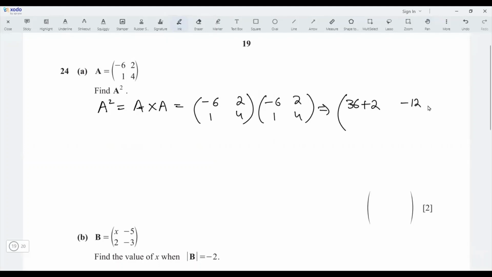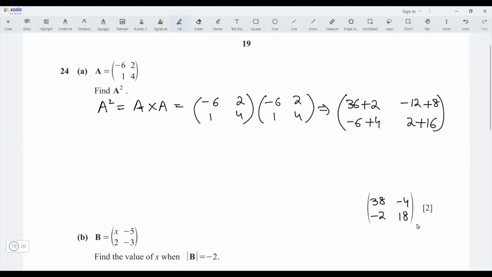Similarly, 2 times 4 will be positive 8. What about the next term? 1 times minus 6 is minus 6 and 4 times 1 is positive 4. Similarly, 1 times 2 is 2 and 4 times 4 is 16. Add all of these terms and you have the answer here. So first term is 38, second is minus 4, the other one is minus 2 and the last one is 18. So this is matrix multiplication.